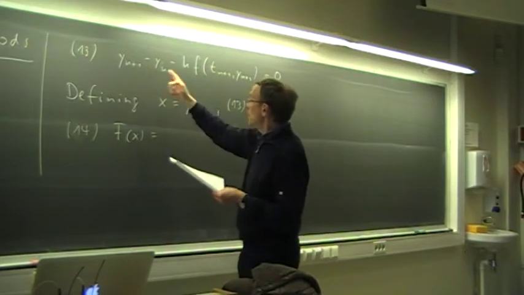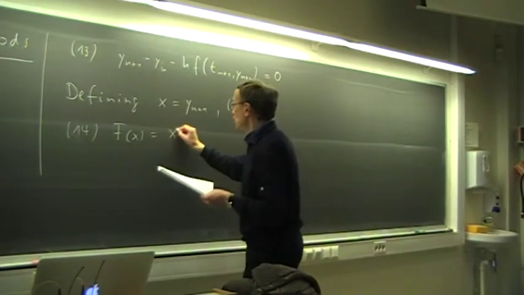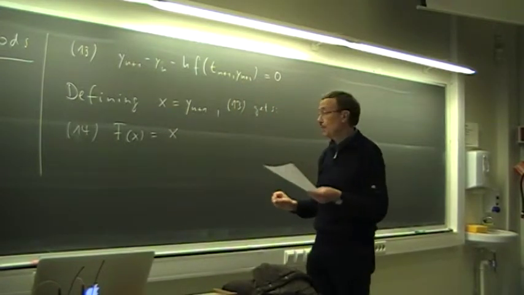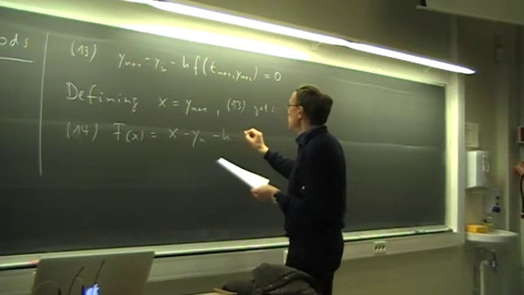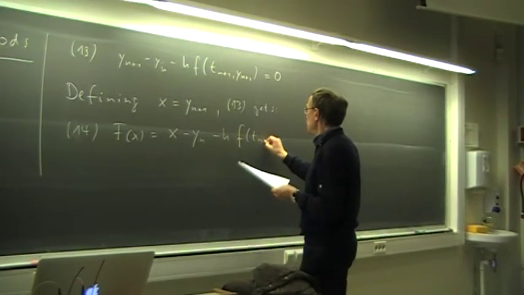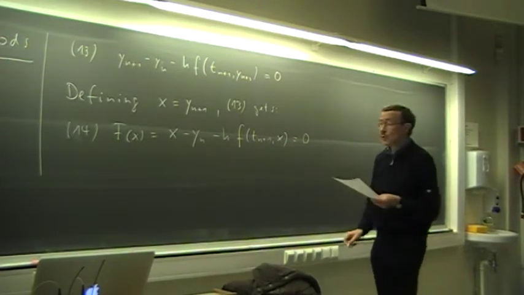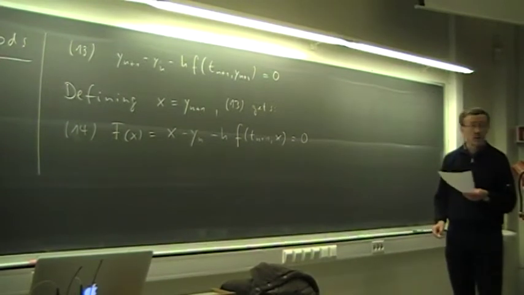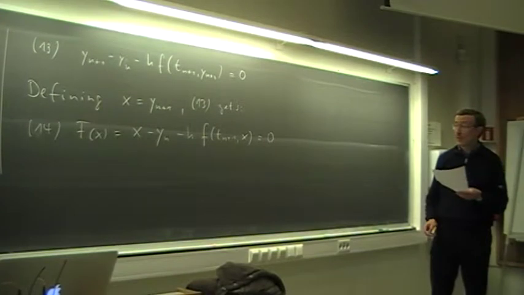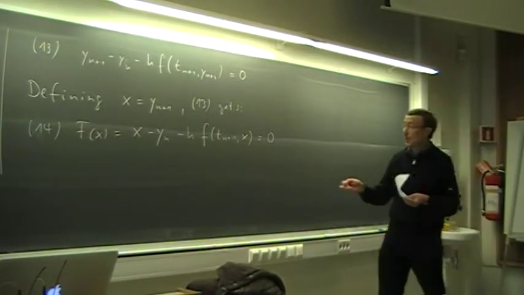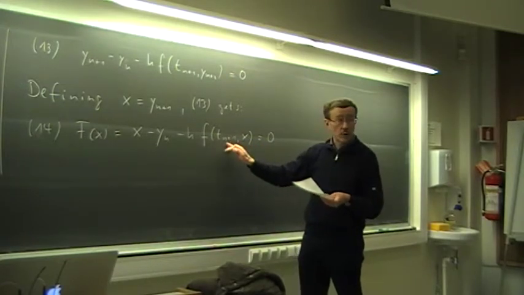Everywhere we have y_{n+1}, we write now x to get it in the form of a nonlinear equation: x minus y_n minus h f of t_{n+1}, x is equal to 0. So that's the nonlinear equation that we have to solve. And we have to do that in each time step. And it will change because the solution will change and the time will change.